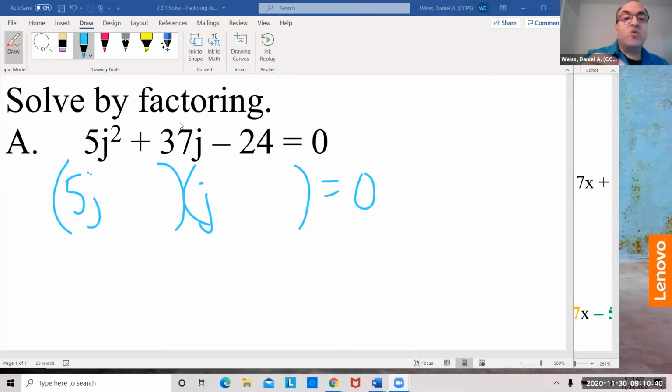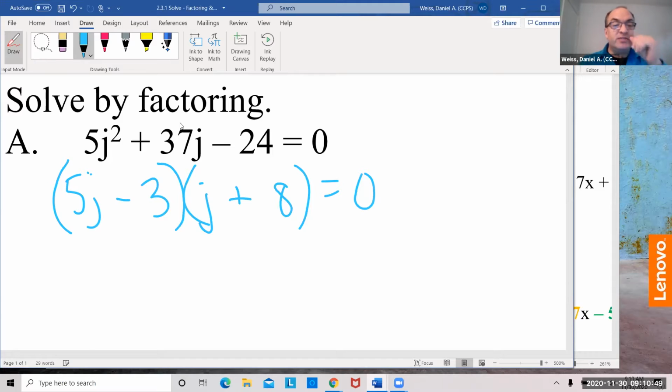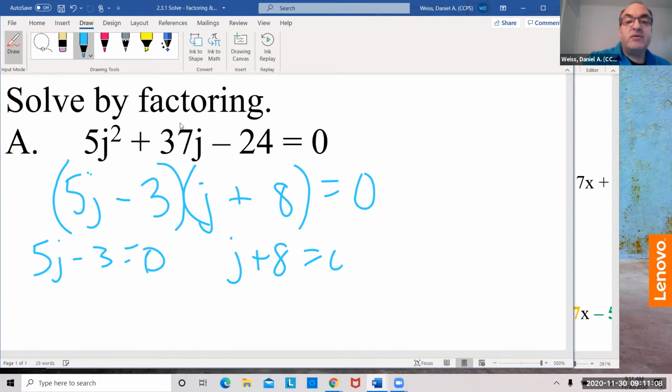Morning, Jania. And what times what makes negative 24? I'm going to put the 8 here, plus, and we put minus 3 here. And you can do slip and slide and that kind of thing. But you get 5j minus 3 times j plus 8. So you got 5j minus 3 equals 0. You have j plus 8 equals 0.